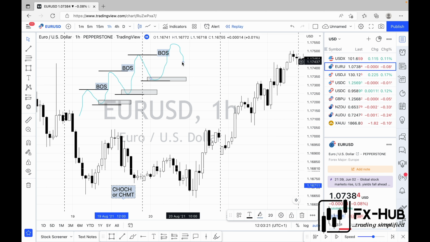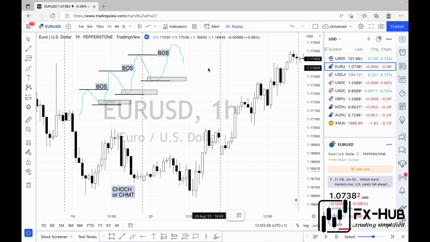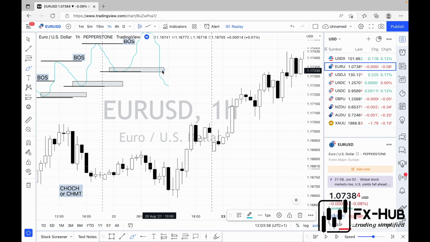Now, let's say the market does something like this. It breaks through this level. The moment the market happens to break through this level, believe me, every trader is going to say that a change of character just occurred.